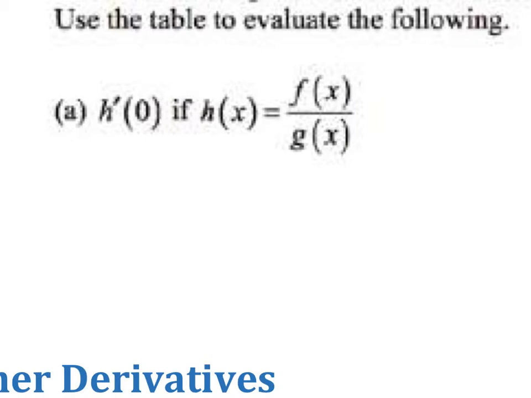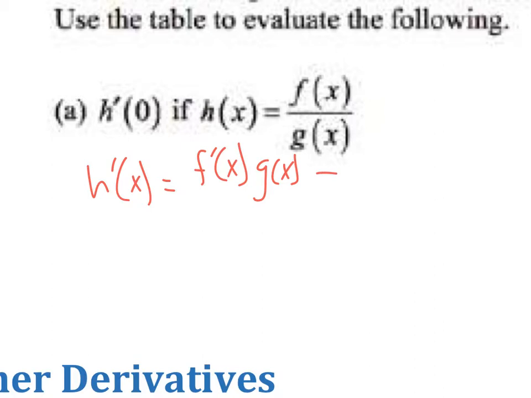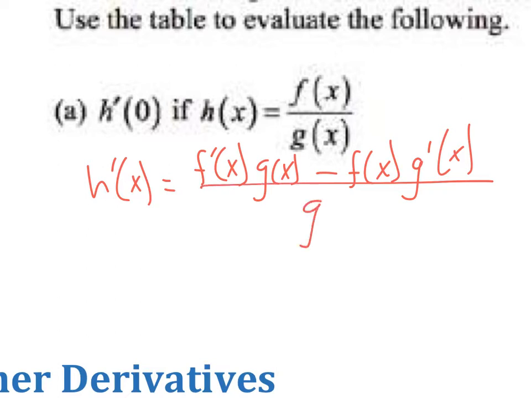Well, using our quotient rule, we know h prime of x is derivative of the top times the bottom minus the top times the derivative of the bottom, all over the bottom squared. g of x squared.